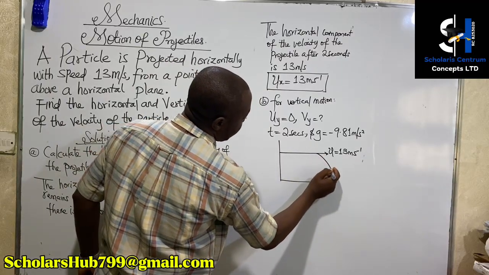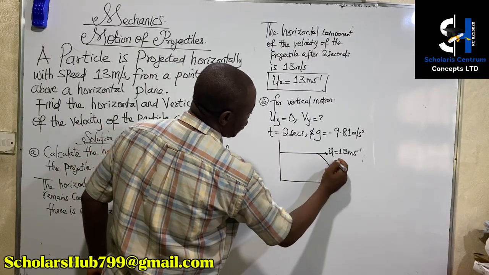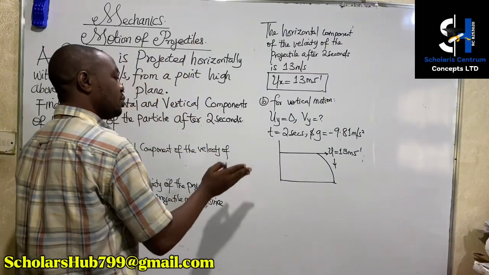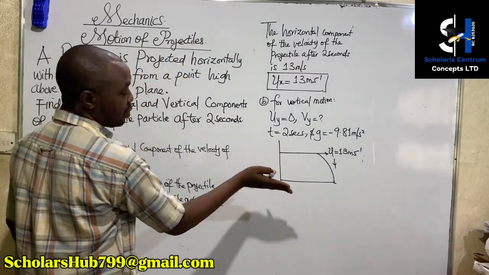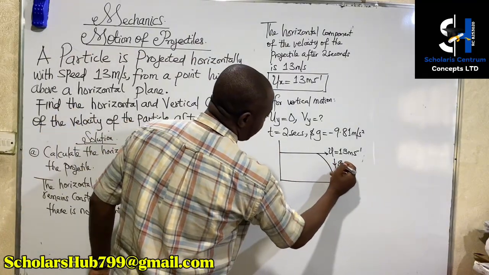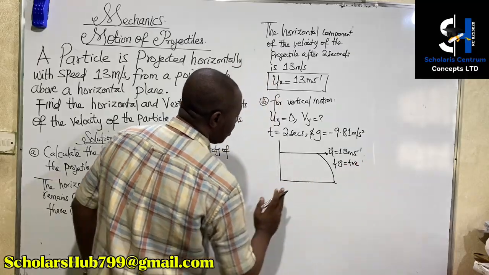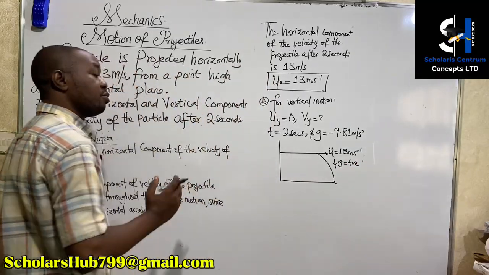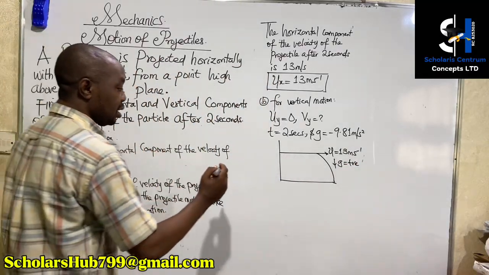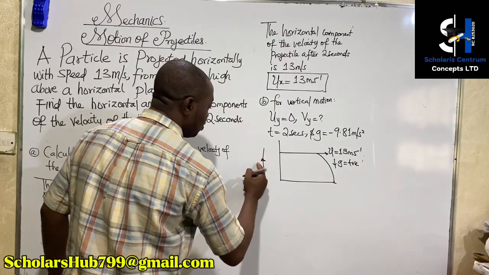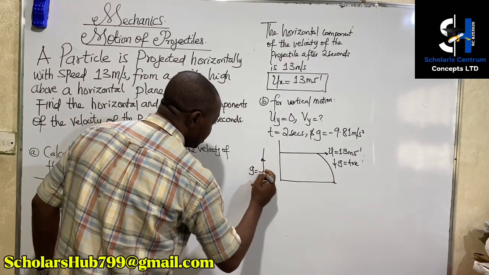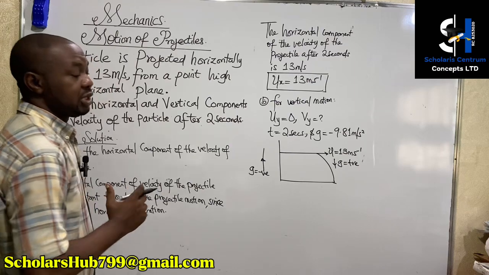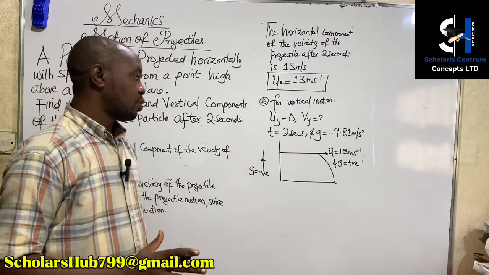As the body falls back to the ground level, the value of g will be positive. But when the body is projected vertically, in vertical motion, the value of g will be negative.